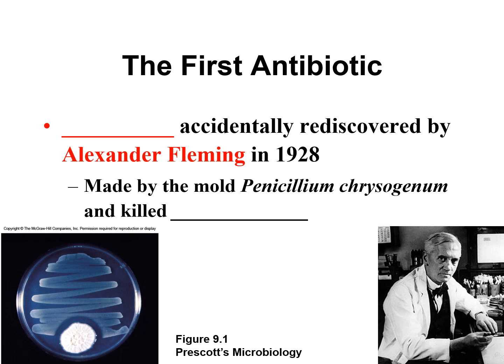The first antibiotic that was ever discovered is penicillin. It was actually first discovered in the late 1800s by a French scientist, but then nobody really paid attention to it. And then Alexander Fleming, a Scottish scientist, accidentally rediscovered it in 1928.